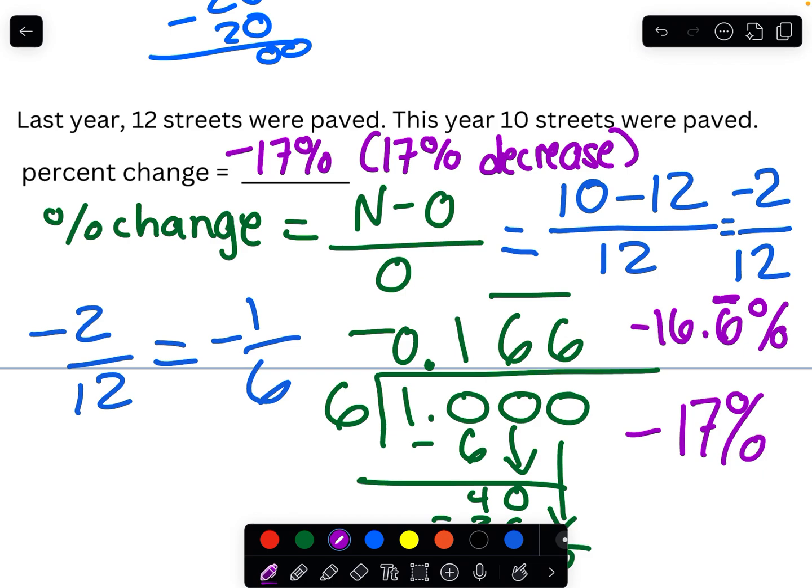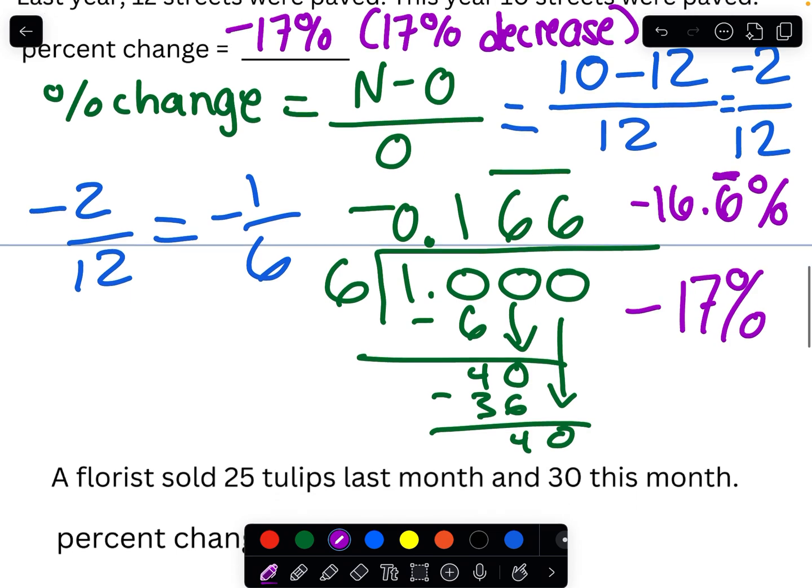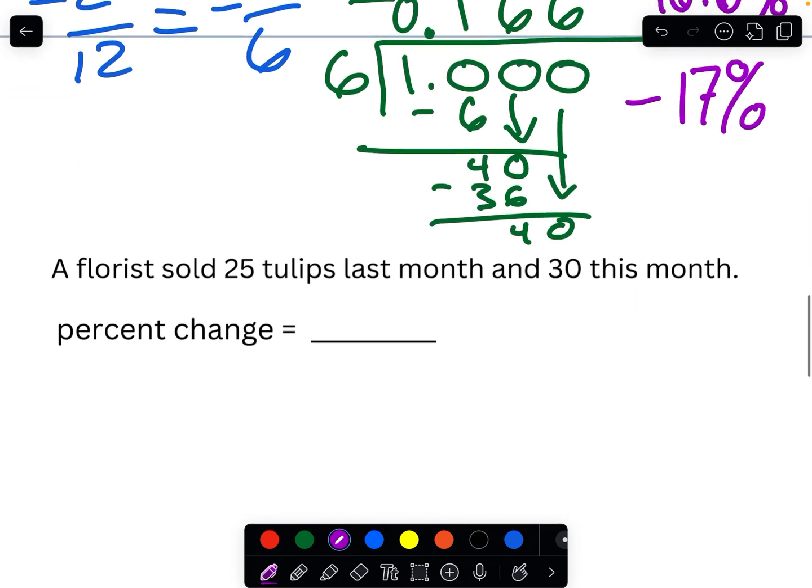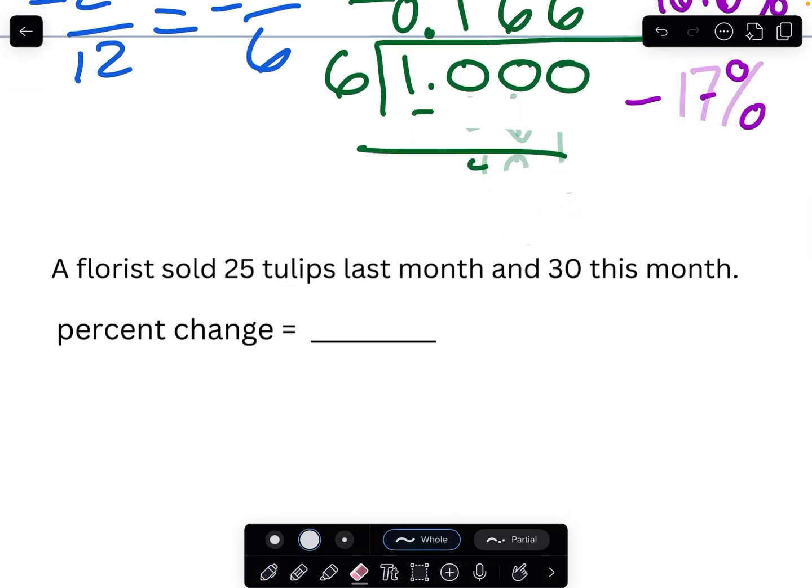So there was a decrease of 17% in the streets paved from last year to this year. I hope I said that okay. Sometimes I make so many of these videos, I get lost in what I'm talking about, and I know I can talk fast sometimes, so I do apologize for that, kids.